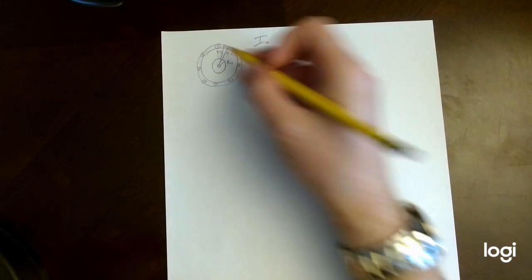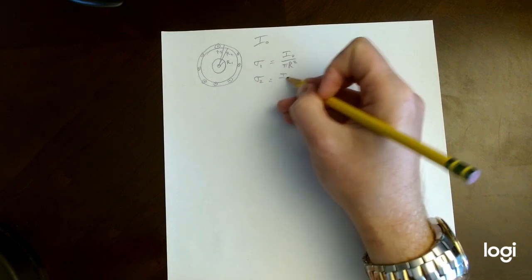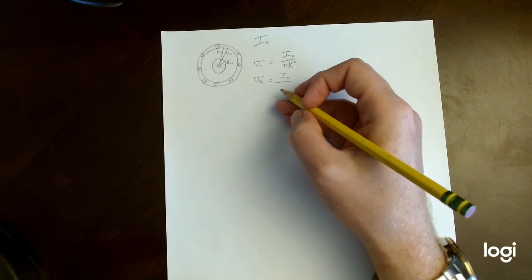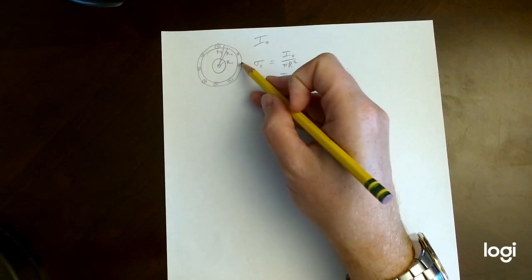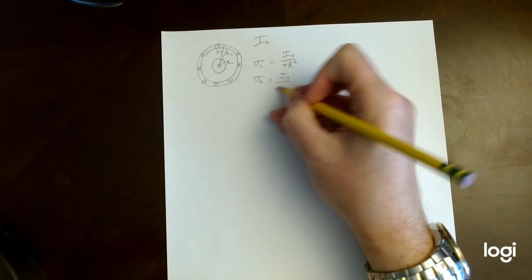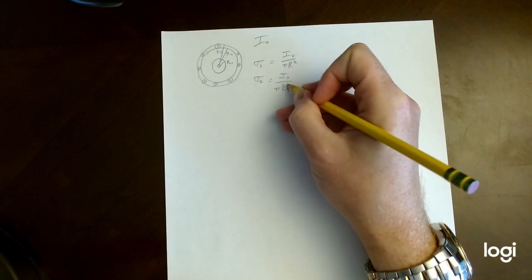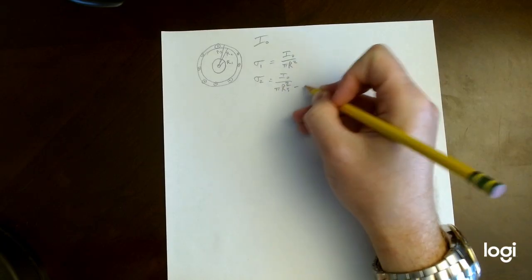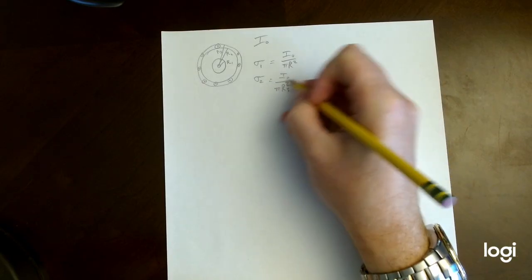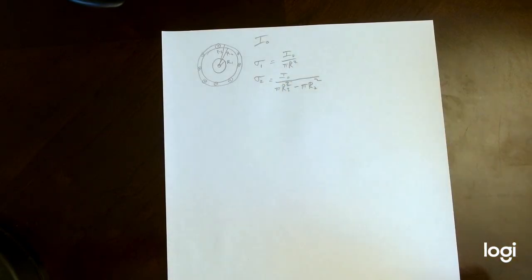And then we do the same thing out here. We have I naught divided by the area of this annulus, which is the difference in the area of the outer circle and the inner circle. So we can say pi r3 squared minus pi r2 squared. And these things are just constants.